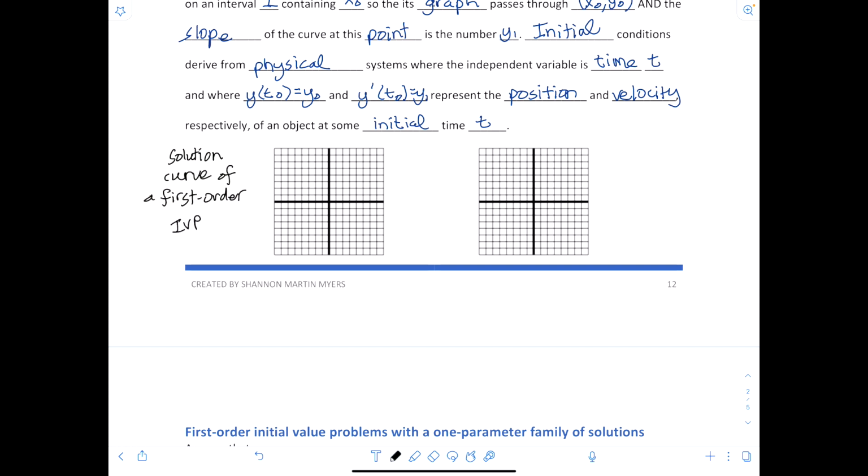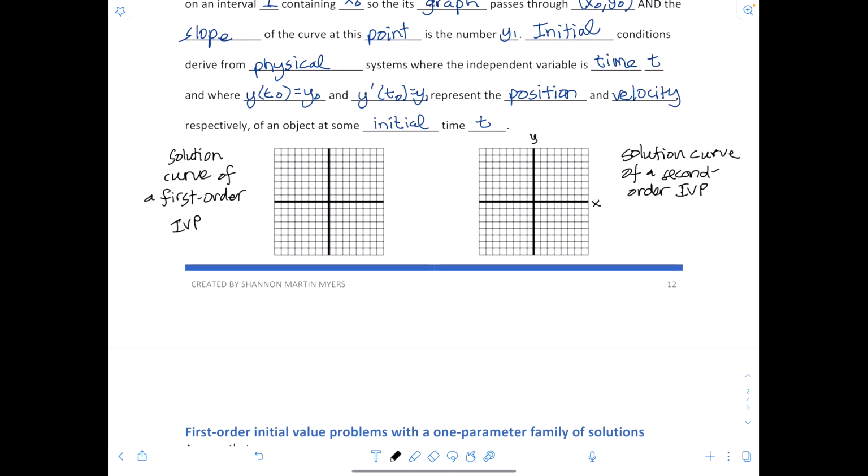And this one will be the solution curve of a second order initial value problem.